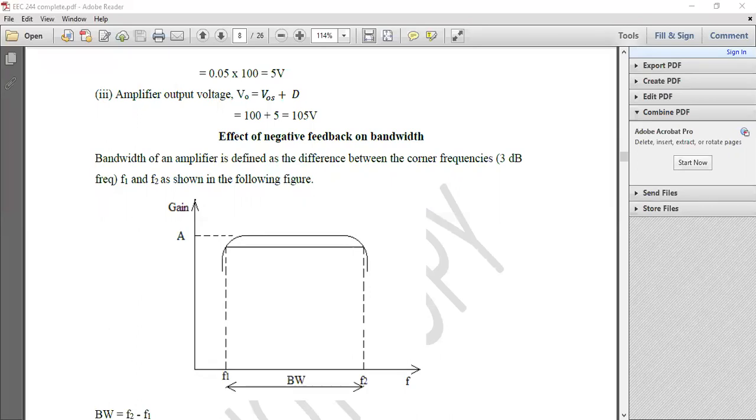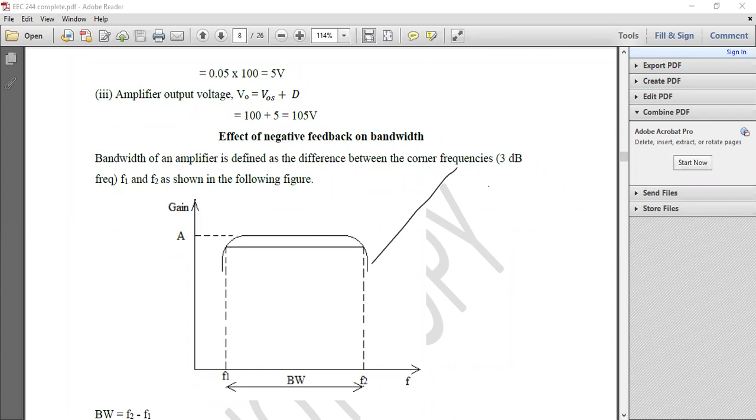If you look at this formula critically and compare with F1 and F2, you will realize that F1 is higher in value than F1 prime, because F1 is being divided by a number, 1 plus beta A. Remember, beta A is always a number greater than 1.